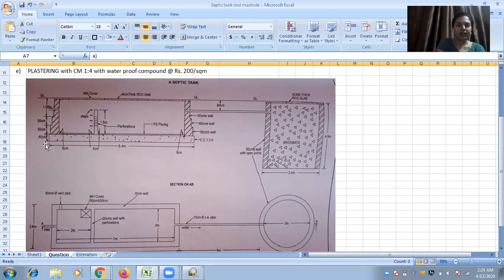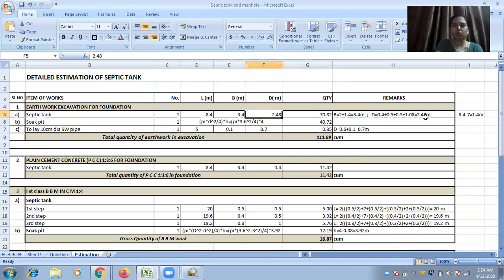We are going to calculate only in meters. So from here it is 0.4 plus 0.5 plus 0.5 plus 1.08 meters. That comes to 2.48 meters, which is the depth of excavation only for the septic tank.